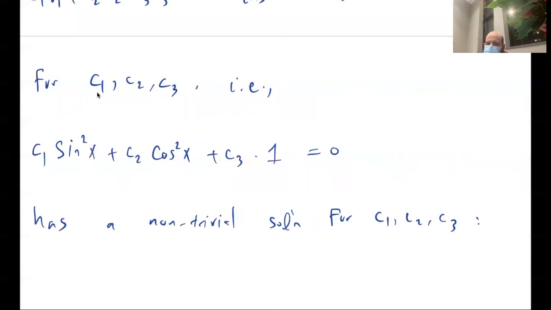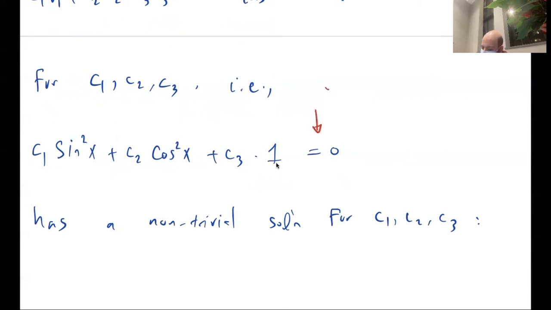So when we say something equals 0, we mean equals constant function 0. So we are looking for C1, C2, C3, where this linear combination equals constant function 0. Equals constant function 0 means this has to be 0 for every x. So let me explain here.